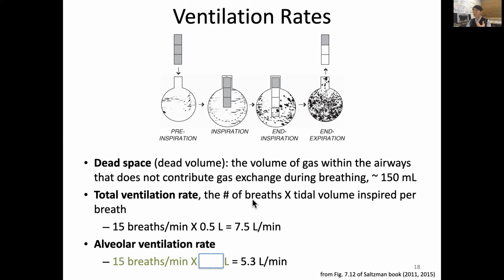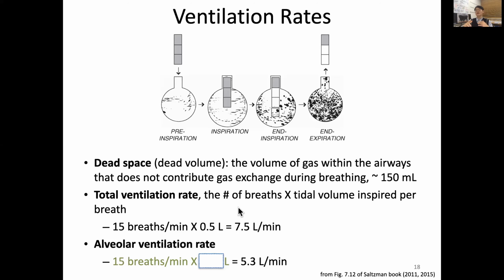It is the number of breaths multiplied by tidal volume inspired per breath. Usually for 1 minute, let's say about 15 breaths per minute times tidal volume of 0.5 liter, that gives about 7.5 liters per minute, meaning that in 1 minute we get about 7.5 liters of air getting into our lungs.